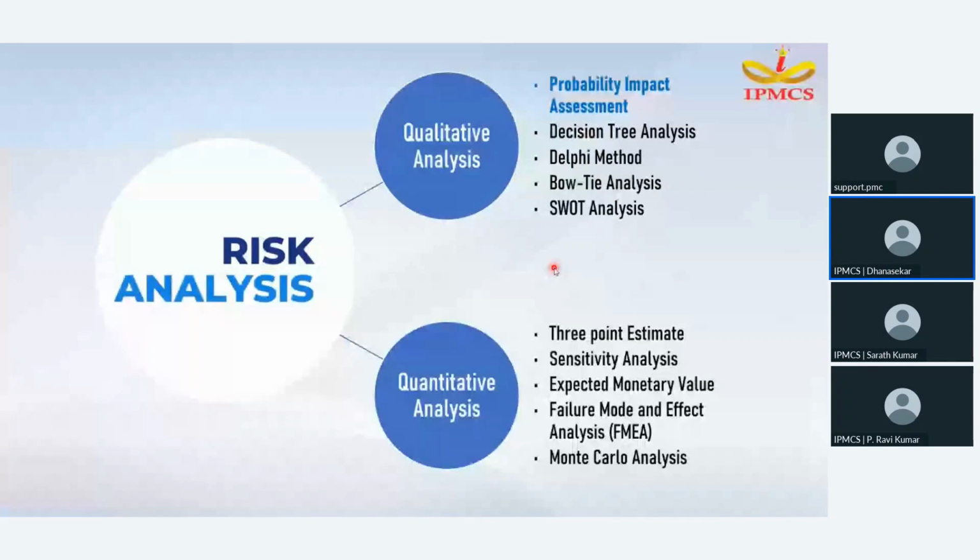In quantitative analysis methodology, we have three-point estimate, sensitivity analysis, expected monetary value, FMEA analysis, and Monte Carlo analysis. Today in this session, I'm going to show you the demo on probability impact assessment analysis, which comes under qualitative analysis.